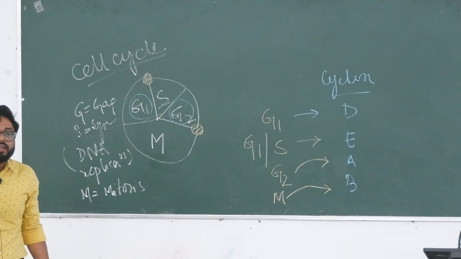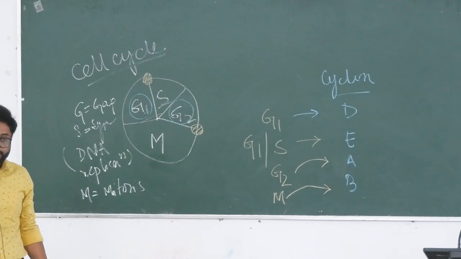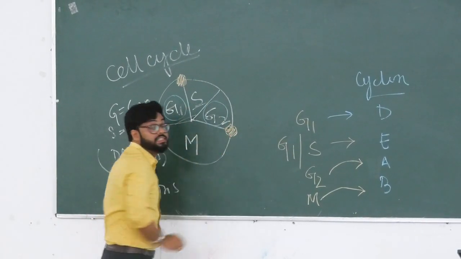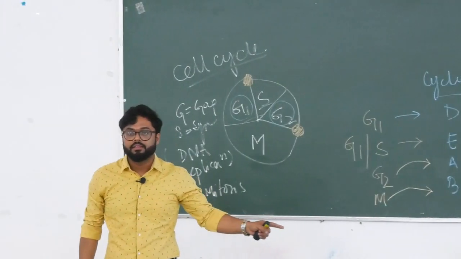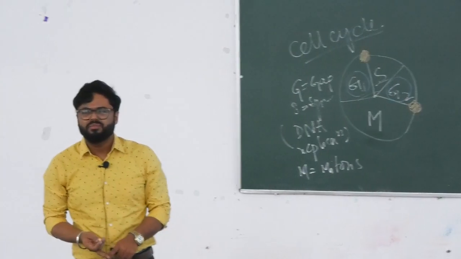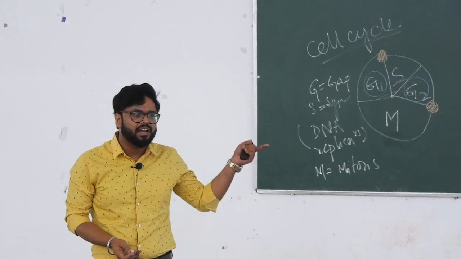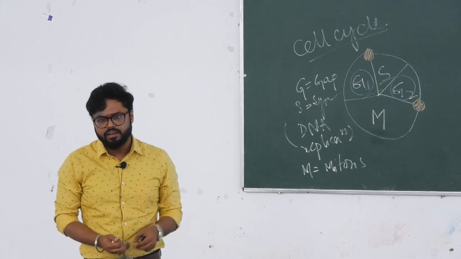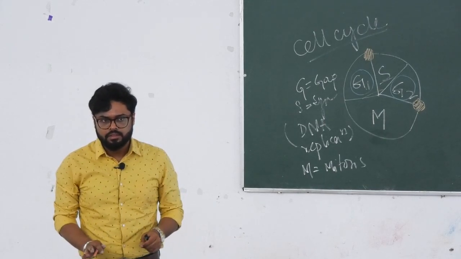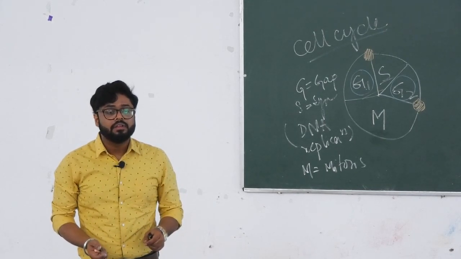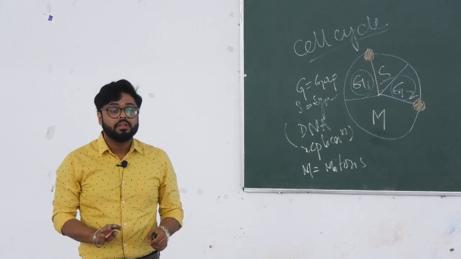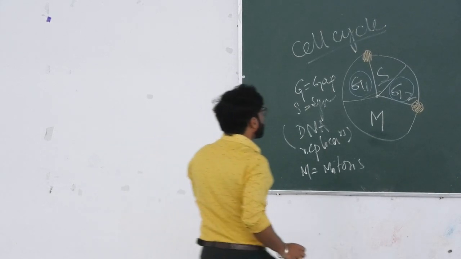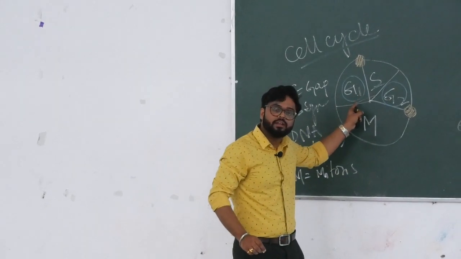Why is there a checkpoint at G1 and G2? If there is no transition control, the cell will not arrest in G1.